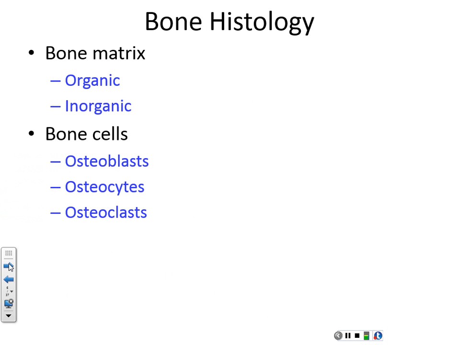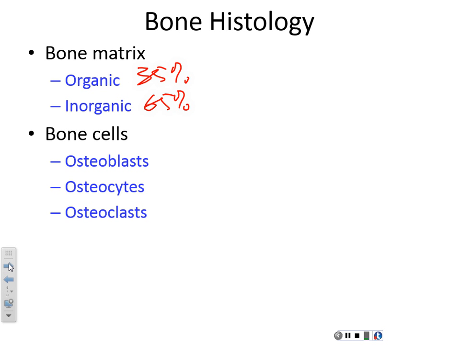So we know bone has 35% organic matrix, and then the other is mostly minerals, of course. So you gotta know the composition of the bone matrix in terms of the organic part and the inorganic part. The inorganic is the minerals. The organic part is things like the proteoglycans and the collagen fibers, right? And know the significance of the organic matter. Know the significance of the inorganic matter, right?